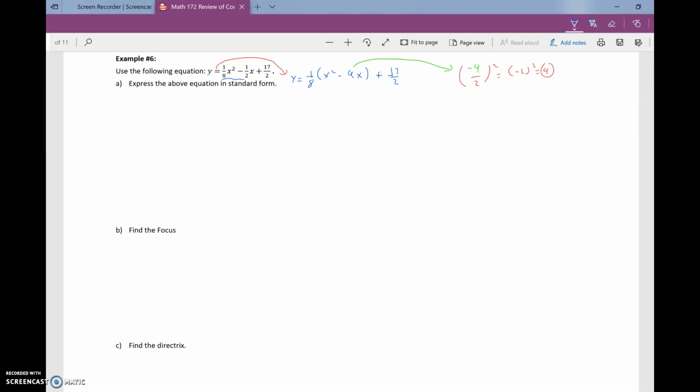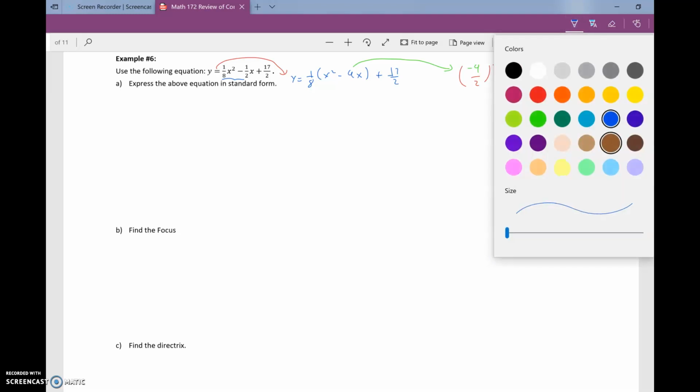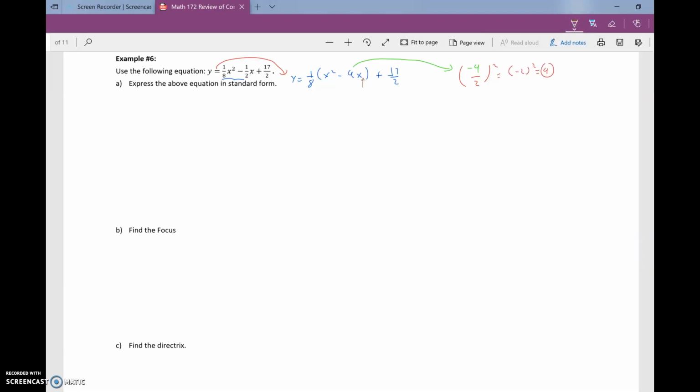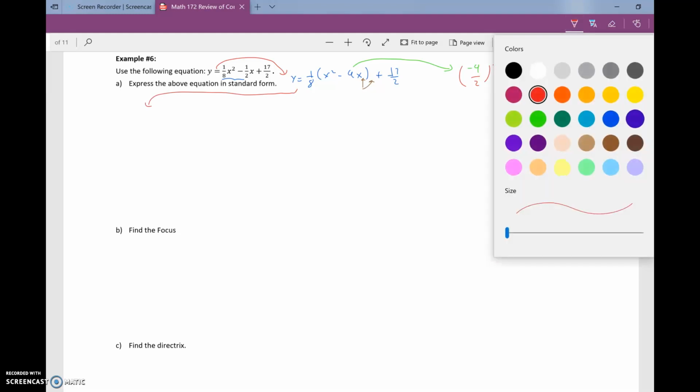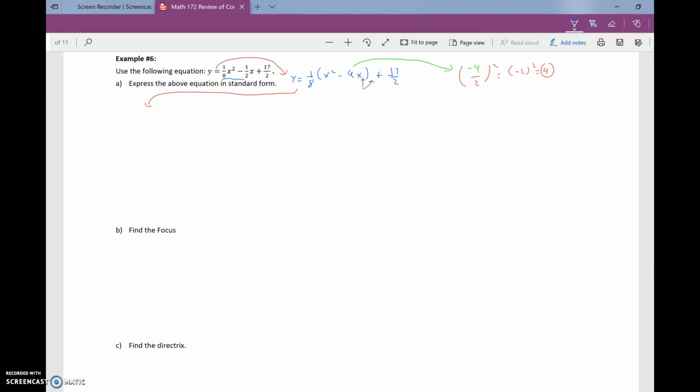Now this value is extremely important because we're going to have to add it in there and then subtract it. So let me move the problem up here. We're looking at y is equal to 1/8 times x squared minus 4x plus 4, minus the 4 times 1/8, plus the 17/2.